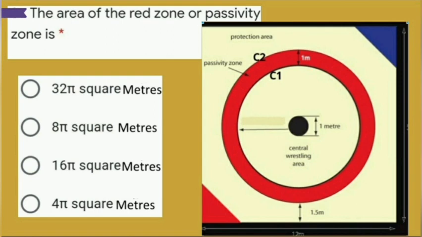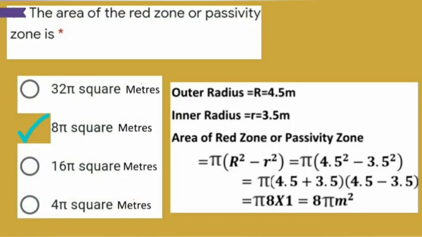It says the area of the red zone or the passivity zone is, we are talking about the red zone, which also represents a ring. So we are supposed to find the area of the ring knowing its outer as well as inner radii. So we know the outer radius is 4.5 meter and inner is 3.5 meter.